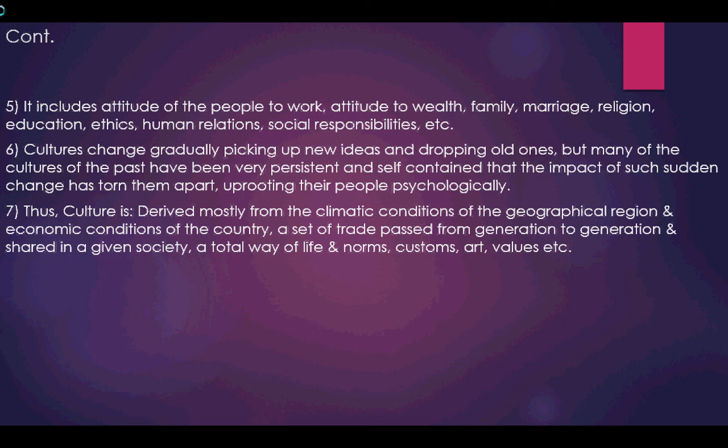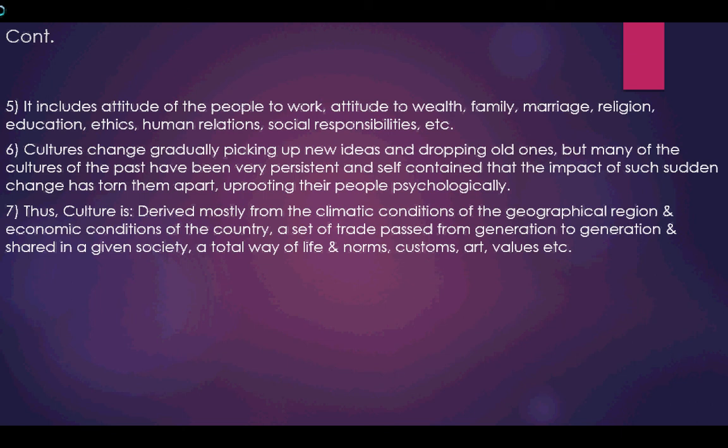So that must be understood very clearly by multinational companies where they have business operations. Sudden changes can tear societies apart, uprooting their people psychologically. So as an international company, we need to understand the cultural changes which are happening.